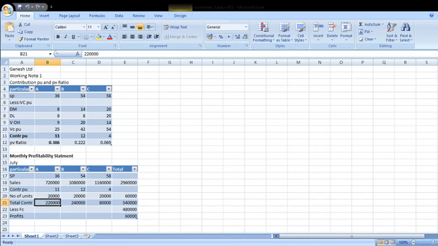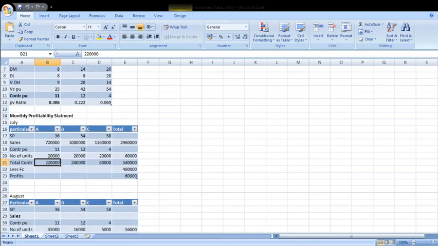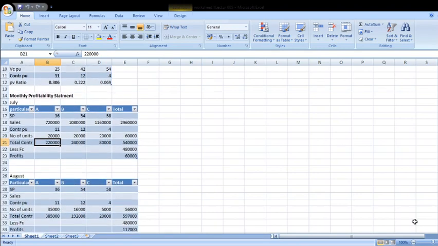Now continue the same process, calculate the profitability for August. Again, you know the selling price and contribution. Actually, you do not have to calculate the total sales. They do not play much role.